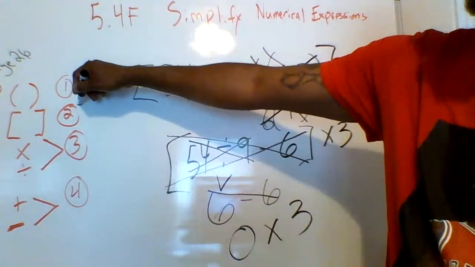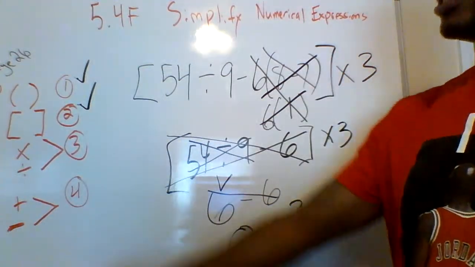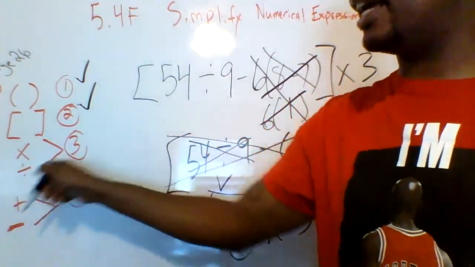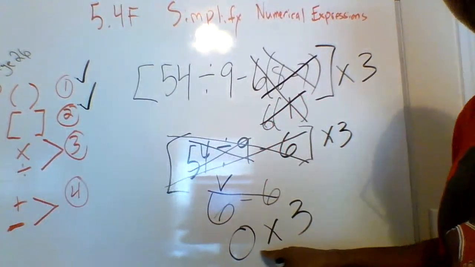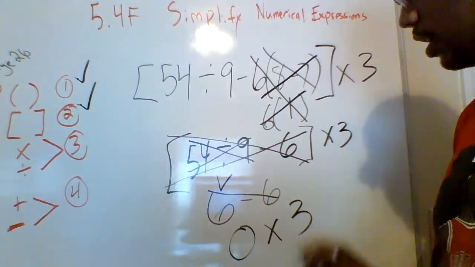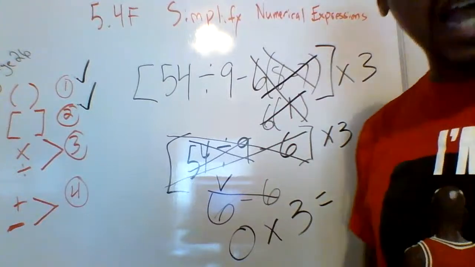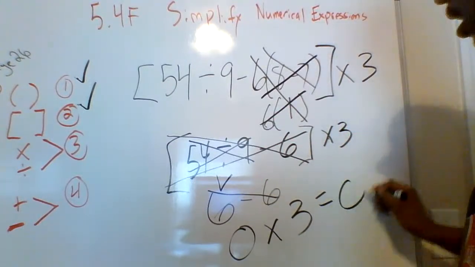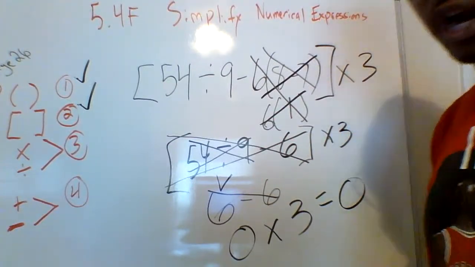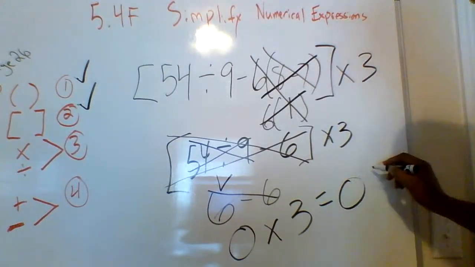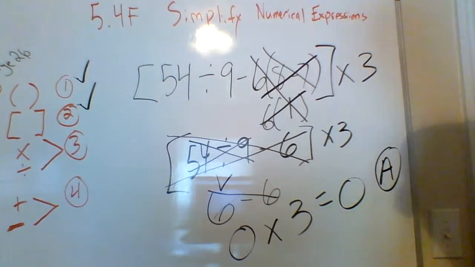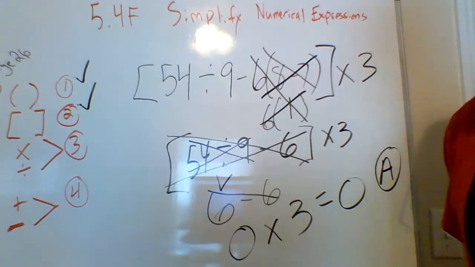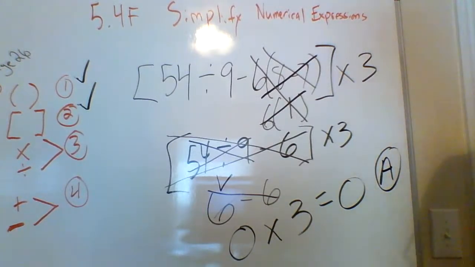So the bracket is good. Now it says multiply or divide left to right. Well, the last thing, 0 times 3. Anything times 0 is 0. All right? Which means the answer is 0. Again, this is number 4.